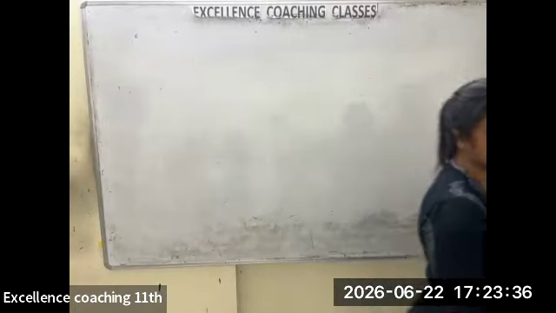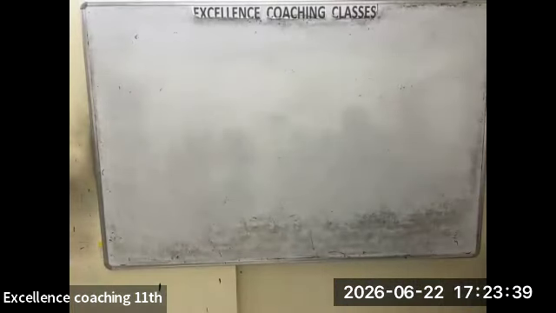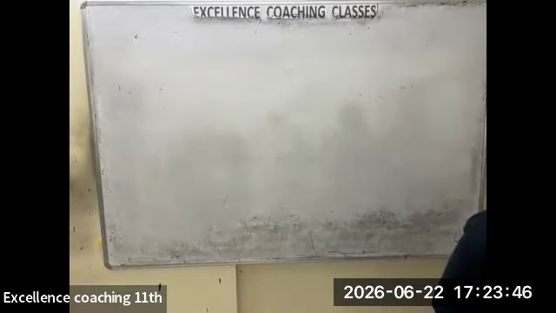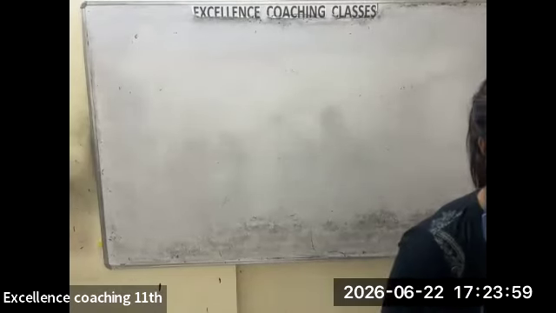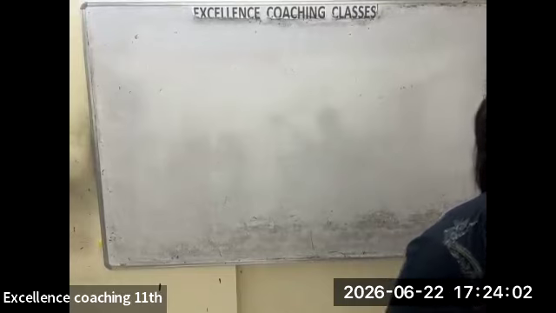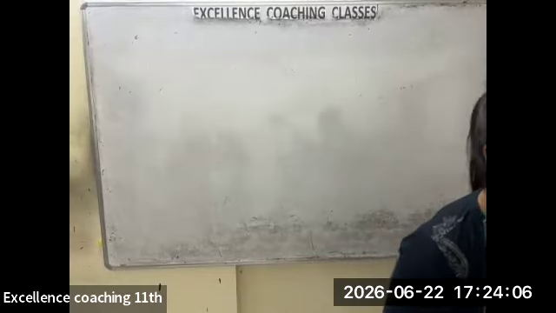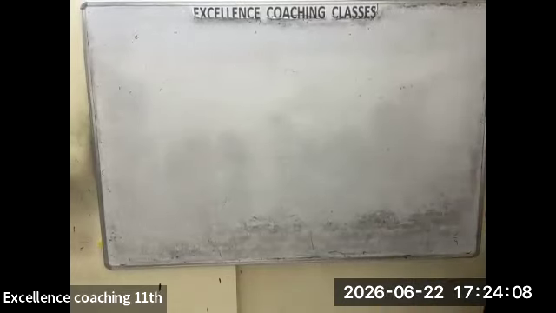First one, question number 9. A displacement time graph for two particles A and B are straight lines inclined at an angle of 30 and 60 degree with time. The ratio of VA and VB is what?